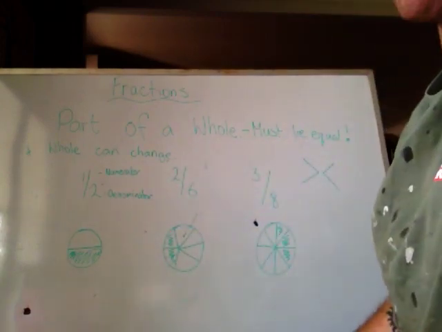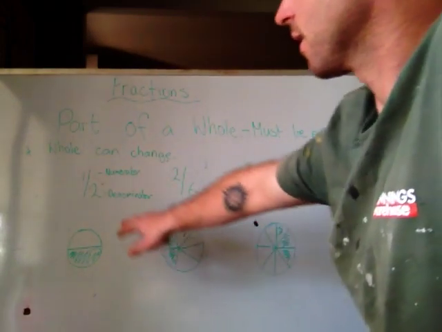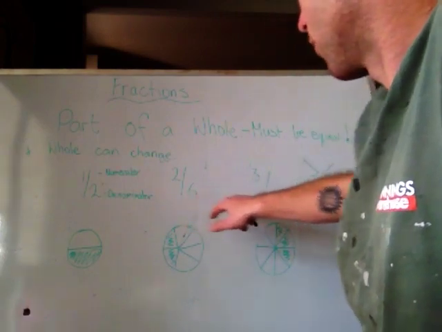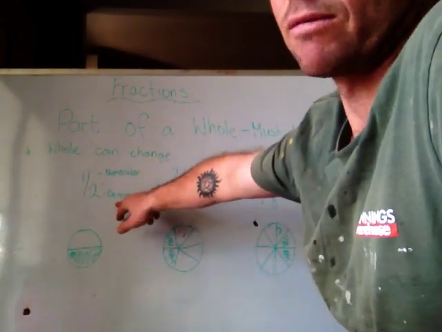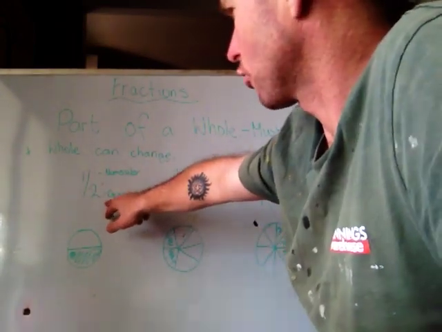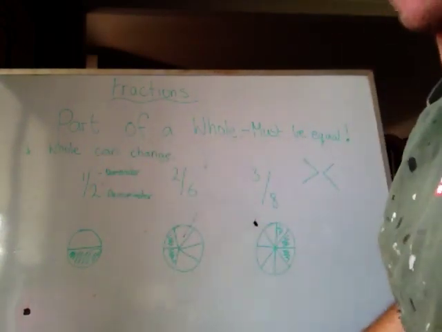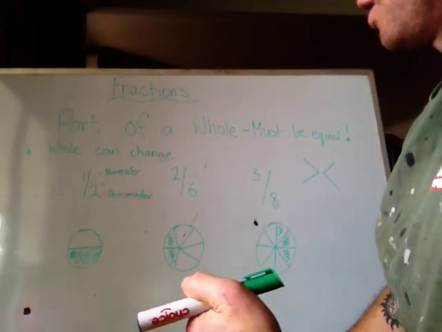The most important thing to remember is that we have a numerator and a denominator. The way that I remember is that the denominator is the number down on the bottom. The D for denominator is down. That's how I remember it, but it's totally up to you how you remember it.